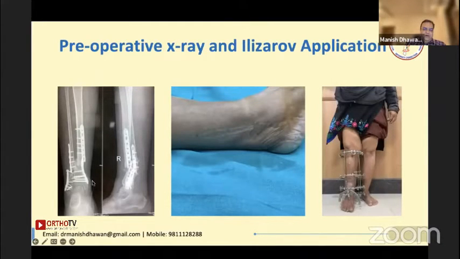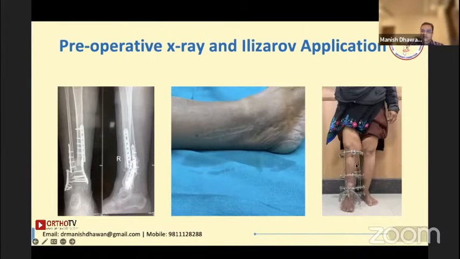There are 2 plates applied, and I took the history of the patient. It was a well-fixed construct, but the problem was that there was some gap and the surgeon could not compress it. The patient gave a history that she started early weight bearing against medical advice. So this was her situation.